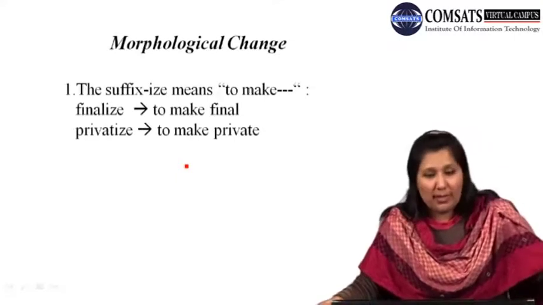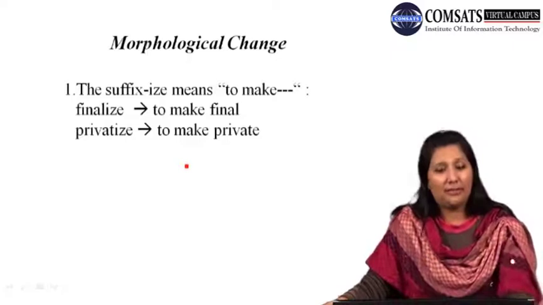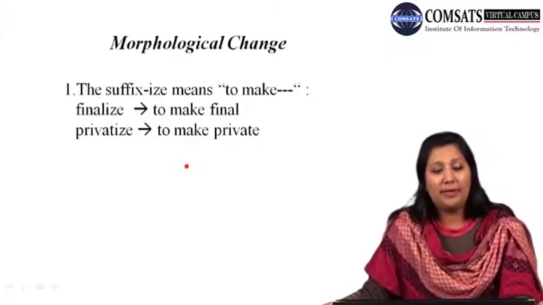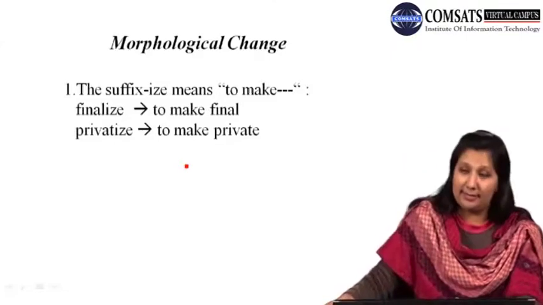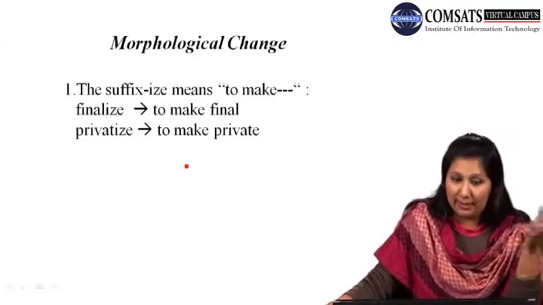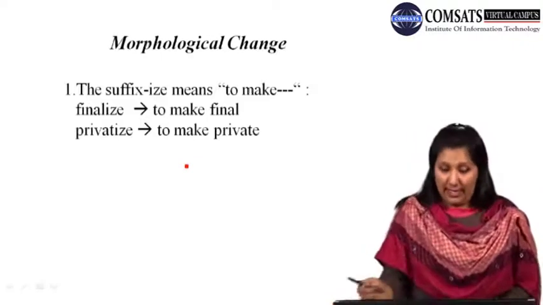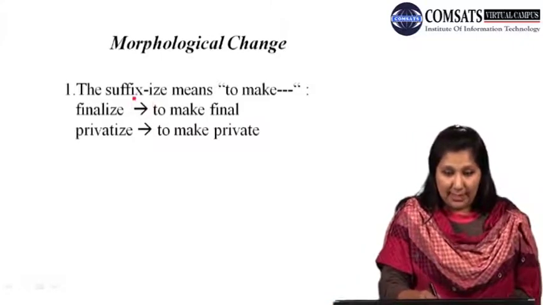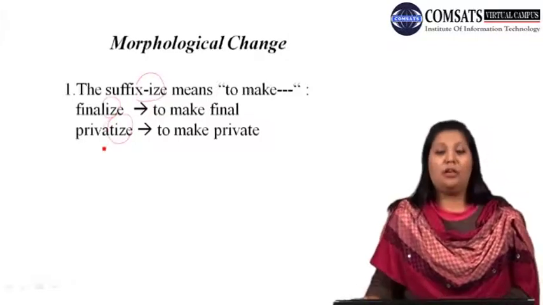Morphological change. The first one is the morphological change or the morphological inconsistency that is found. For example, the suffix -ize means to make. Finalize means to make final. Privatize, to make private. Look at the examples given: finalize and privatize.